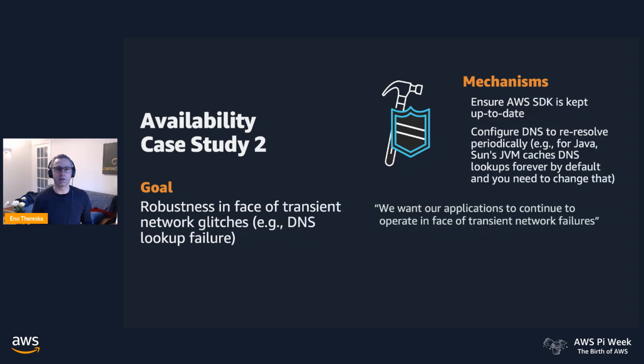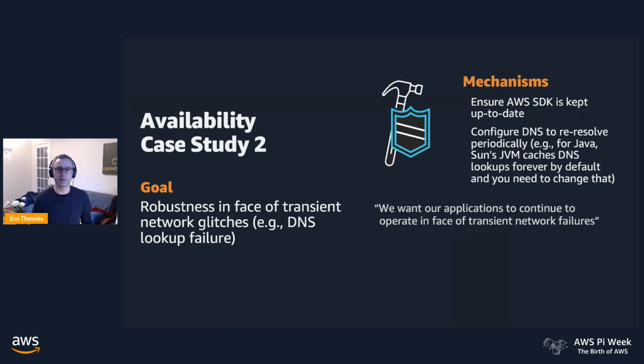In the second case study, we have a customer that wants their applications to continue to operate in face of transient network failures. Now, what were some of these failures? We want robustness basically in face of network glitches. Sometimes some of the routers or switches might be overloaded. Sometimes you can have a DNS lookup failure.